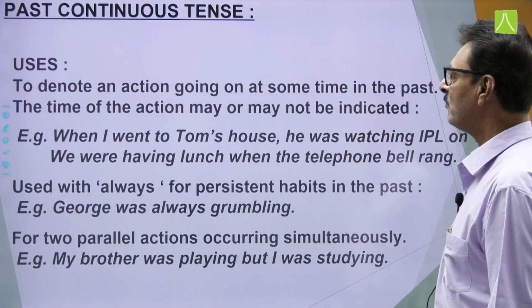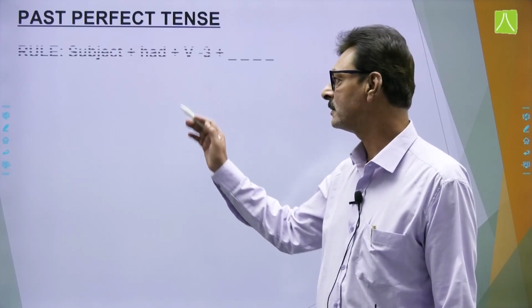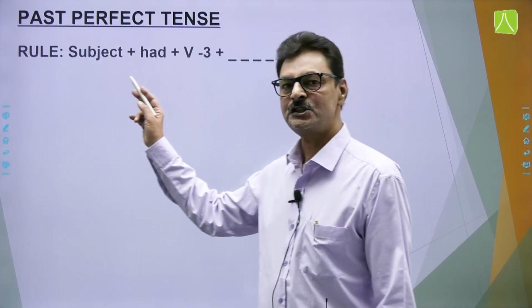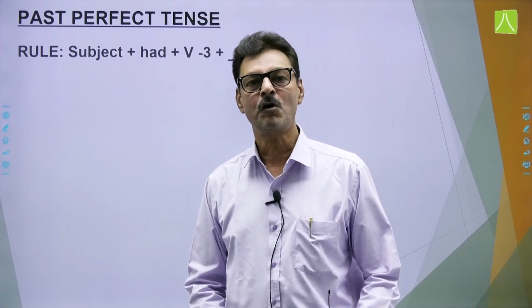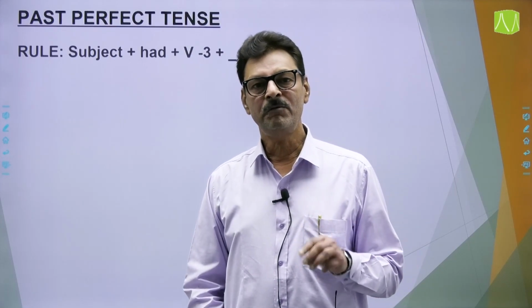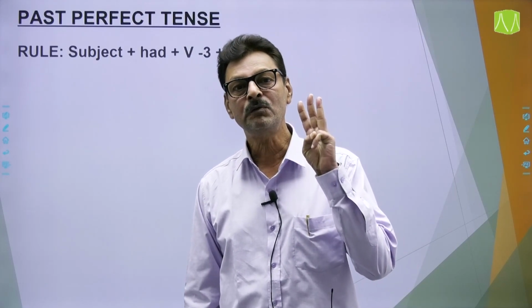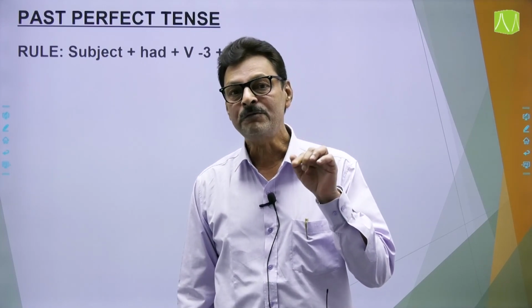Moving on very quickly with a very important tense, past perfect tense. The construction of this is subject plus had plus the third form of the verb. As I have told you earlier, all the perfect tenses always have the third form of the verb. Friends, in present perfect what were the helping verbs?